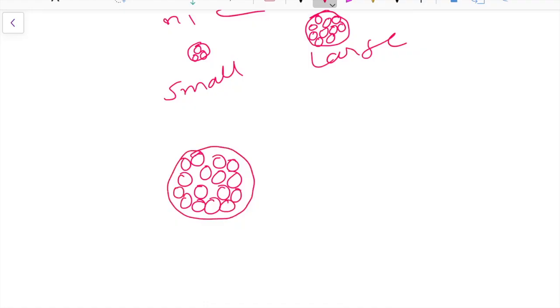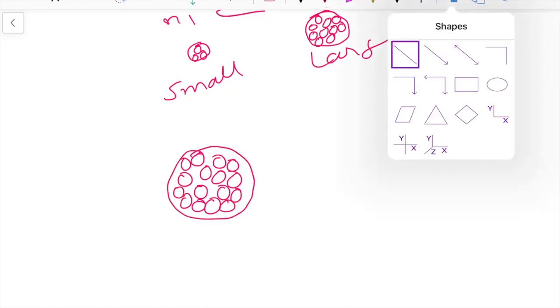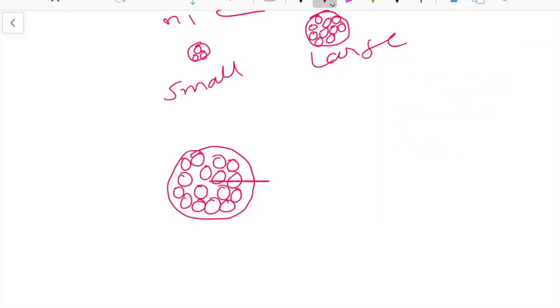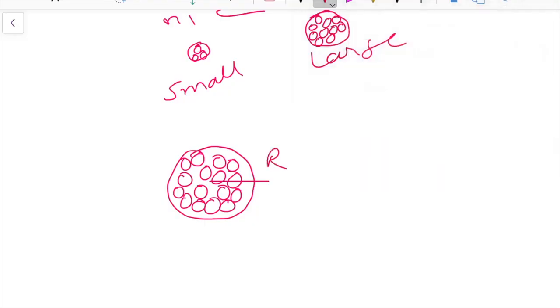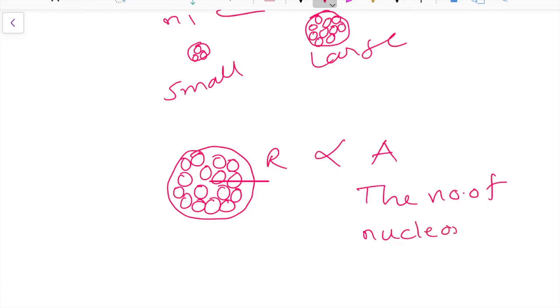Suppose in this one the radius R depends upon the number of nucleons, that is, the atomic mass number.